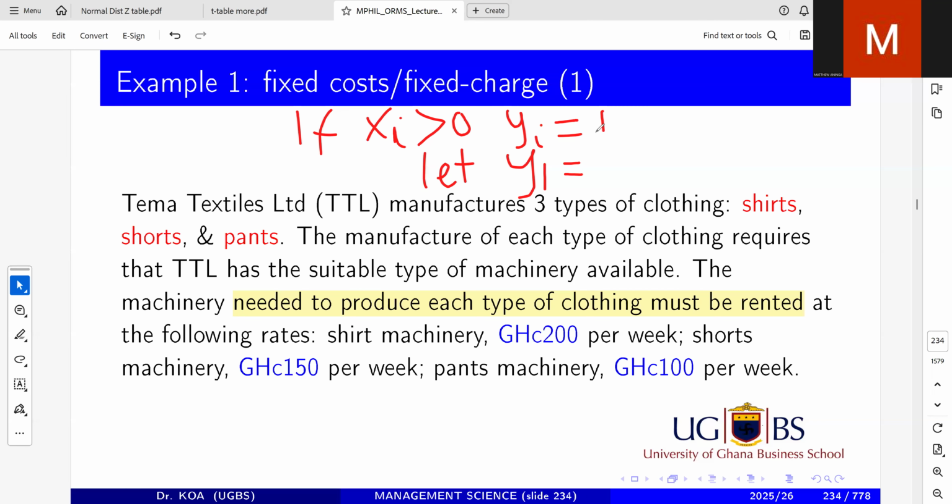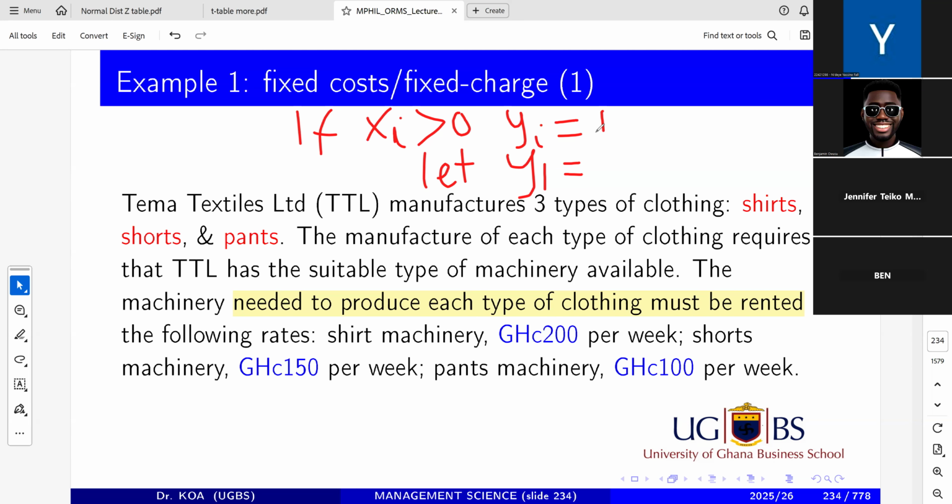Y1 will represent what? Matthew. Yasin. Let Y1 be the machinery needed to produce shirts. Let Y2 be the machinery needed to produce shorts, and Y3 be the machinery needed to produce pants.